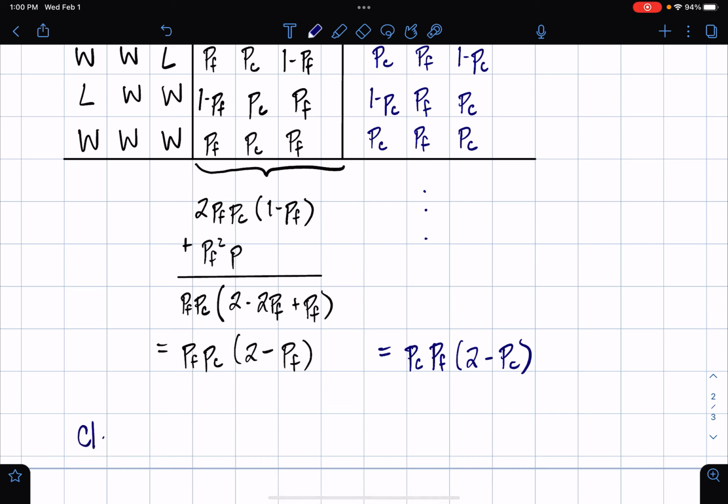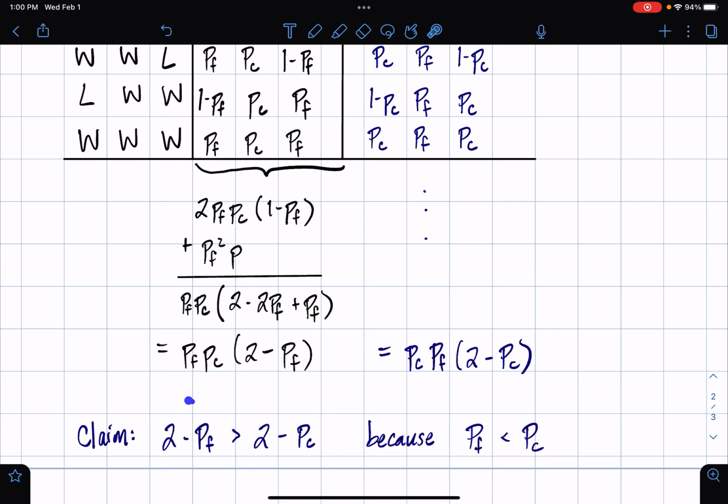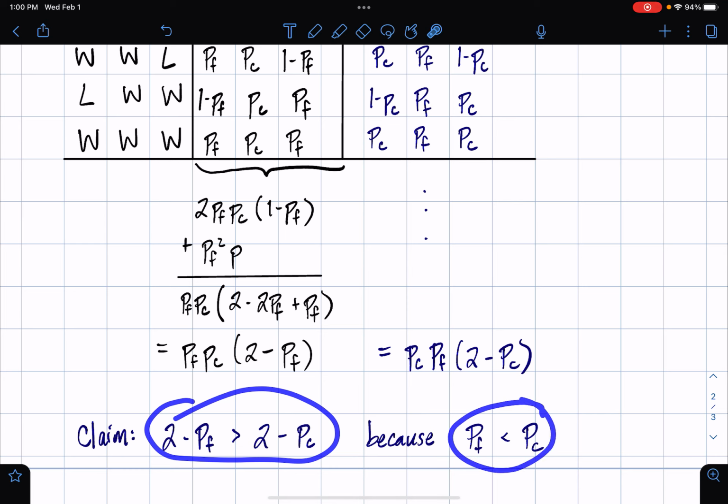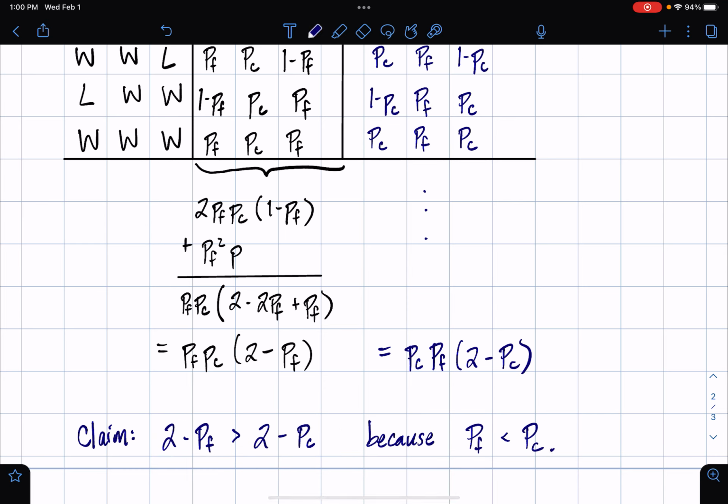And what I claim is that 2 minus PF is going to be bigger than 2 minus PC, because we know that the probability of beating the father is less than the probability of beating the champion. Okay. And then this is just algebra, how you can show one of these implies the other. All right, so that's how you do problem 5.